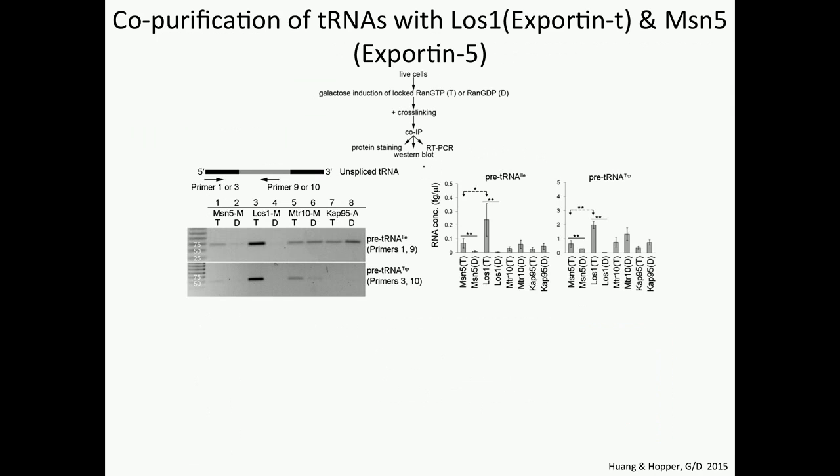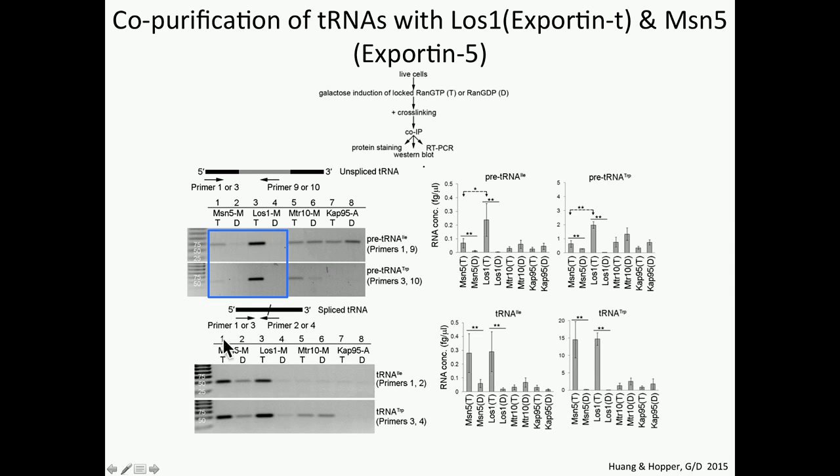Okay, so what you can see here is if we're probing for intron-containing tRNAs, then LOS1, when it's in the RAN GTP form, will co-purify with tRNA. Intron-containing tRNAs do not co-purify with MSN5.